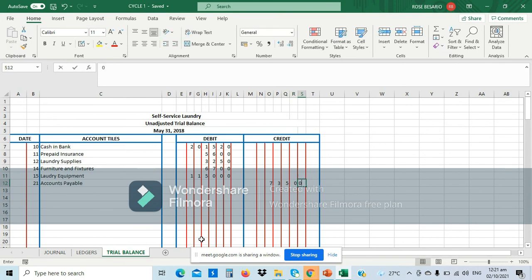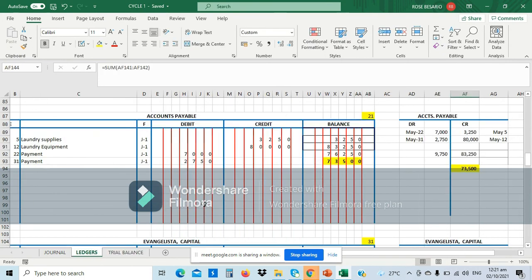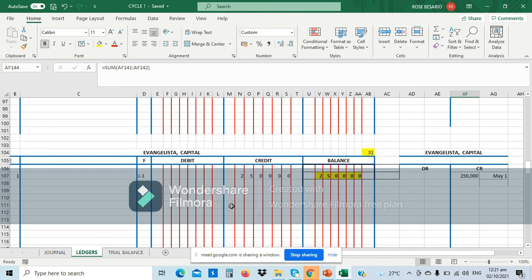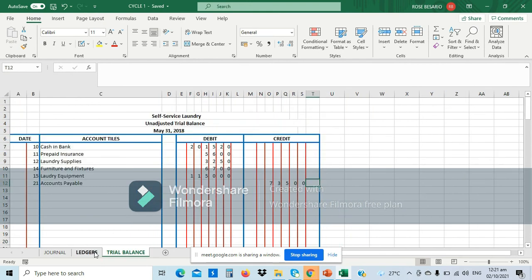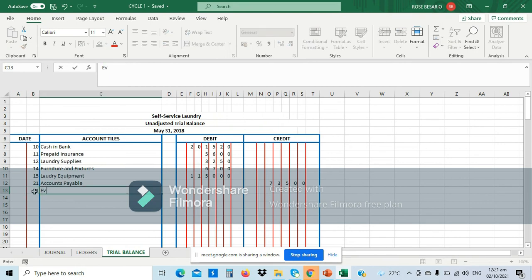Then we have Evangelista Capital, 250,000. This is number 31. Evangelista Capital of 250,000.